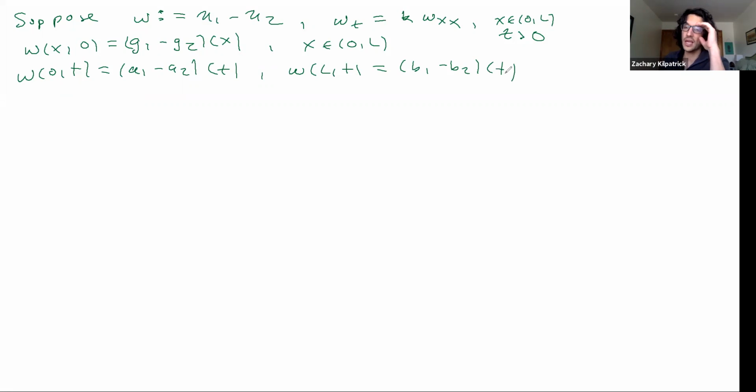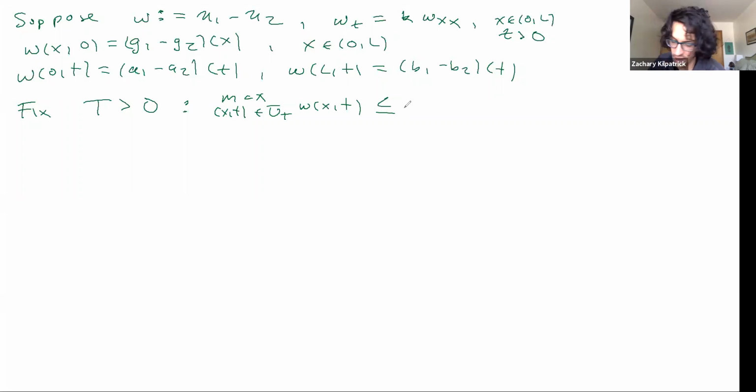So now in order to get this continuous dependence result, we're going to use the maximum principle. So let's start by fixing some t greater than 0, and we'll take the maximum over (x,t) of w(x,t).